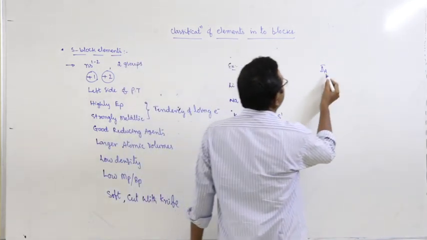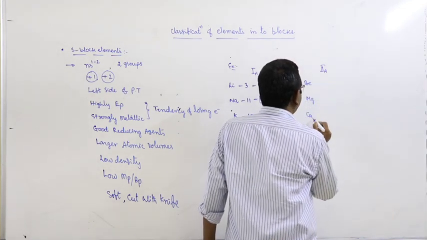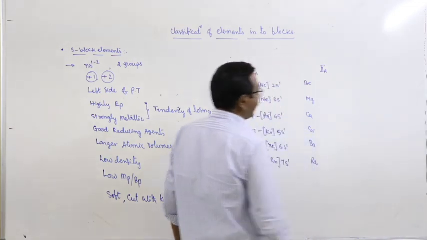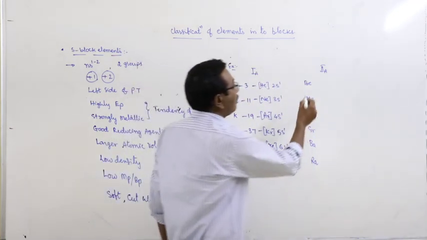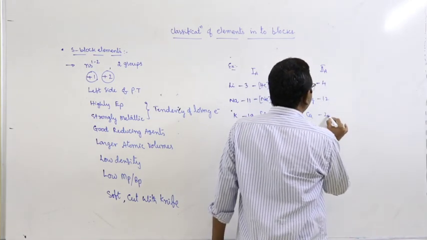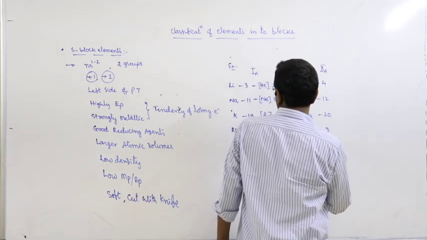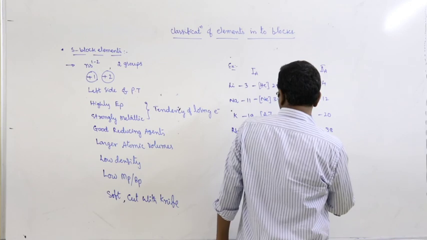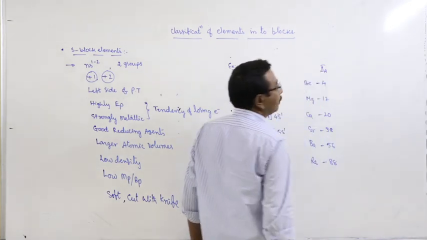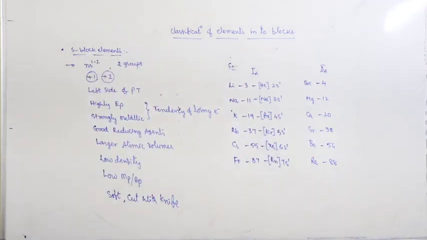In the same way, in the second group: beryllium, magnesium, calcium, strontium, barium and radium. Beryllium atomic number 4, magnesium 12, calcium 20, strontium 38, barium 56, radium 88. These are all the first and second group elements.